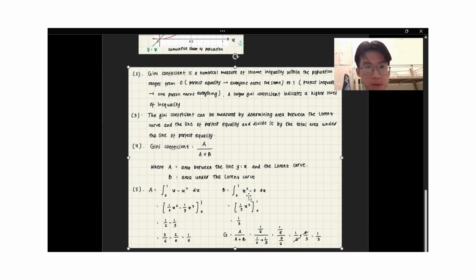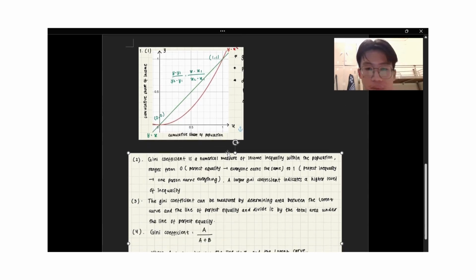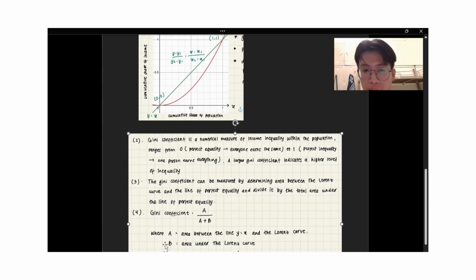Why is it? Because the Lorentz curve is x squared, and the b area is under the Lorentz curve, so it's 0. So we subtract x squared subtract 0 because x squared is on top, so top subtract the below.